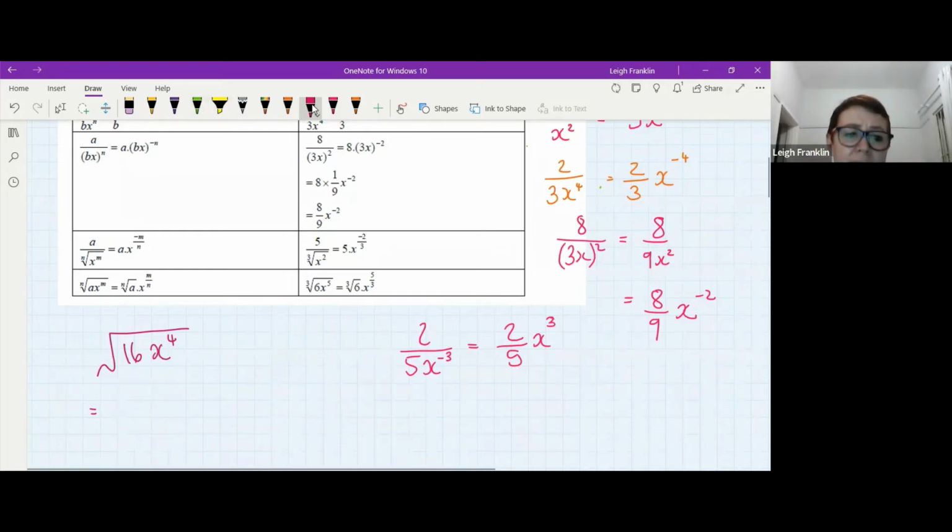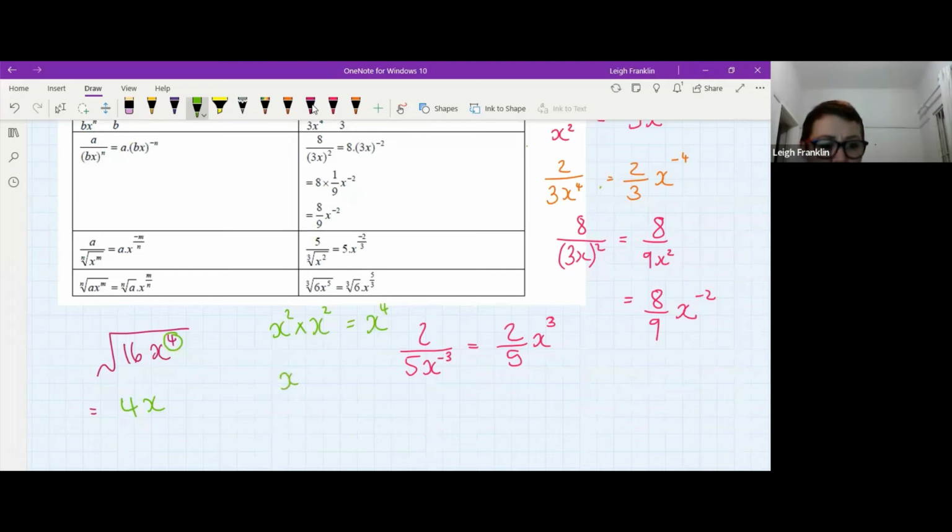So the 16 is the easy part. That we can do on a calculator. We shouldn't need to, but we could. But what happens to my exponent? Any number that is a multiple of 2, that is even, is also going to be a perfect square. And that's because x to the power of 2 multiplied by x to the power of 2, when we multiply this by itself, we keep the base, we add the exponents.